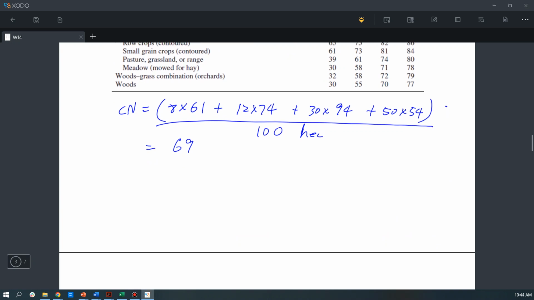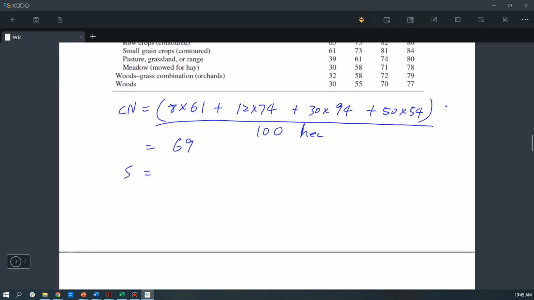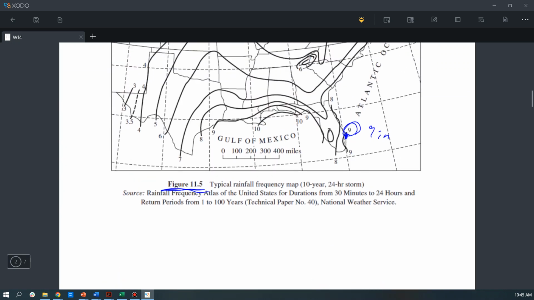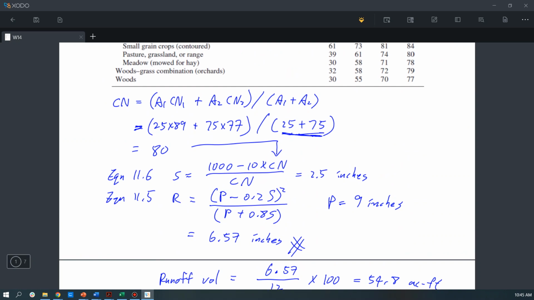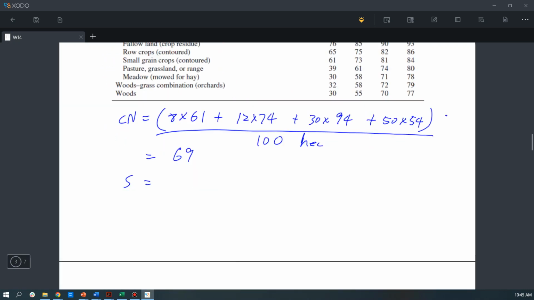After we get this, we can apply the equation 11.7, 11.5 to calculate the runoff. So similarly, we need to first calculate the A's value and the equation you can copy from here, similar to this one, but this time we will use different unit.